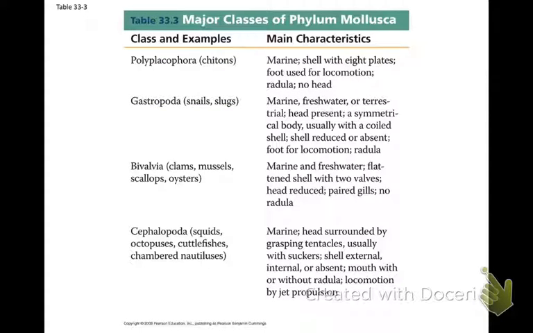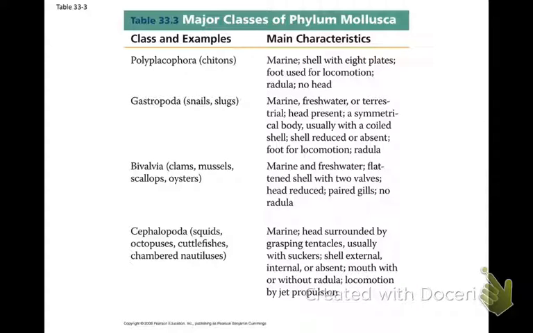The next class would be the bivalves, which include things like clams and scallops. So they are typified by flattened shell with two halves. They have a highly reduced head, and they are filter feeders, so they do not possess a radula.